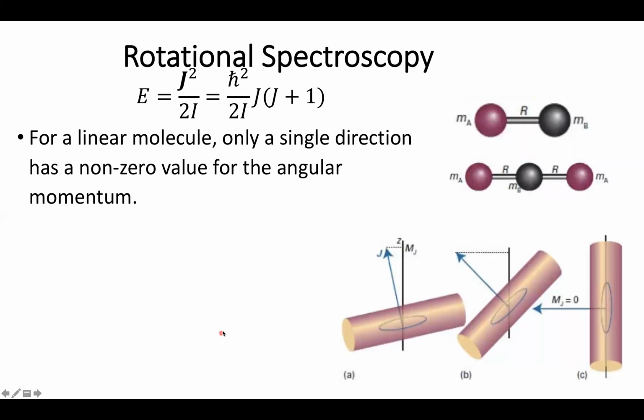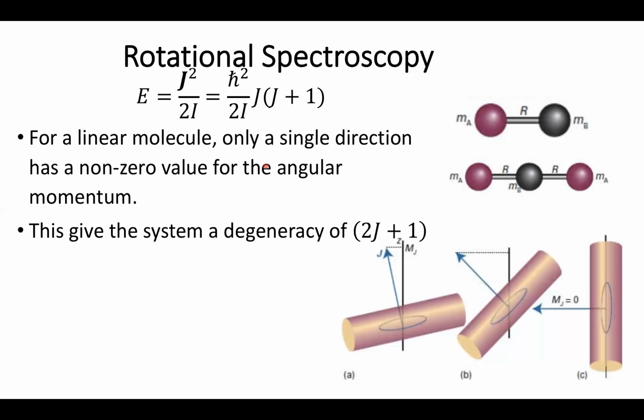Linear rotor, again, this is mostly going to behave just like our diatomic system, so it won't really matter whether I'm diatomic or triatomic. Again, just watch out if we have 3 or more atoms, because then we can start playing a little havoc with that moment of inertia. But one of the biggest differences is that now it only has 2 different moments of inertia, because the other one goes to 0.